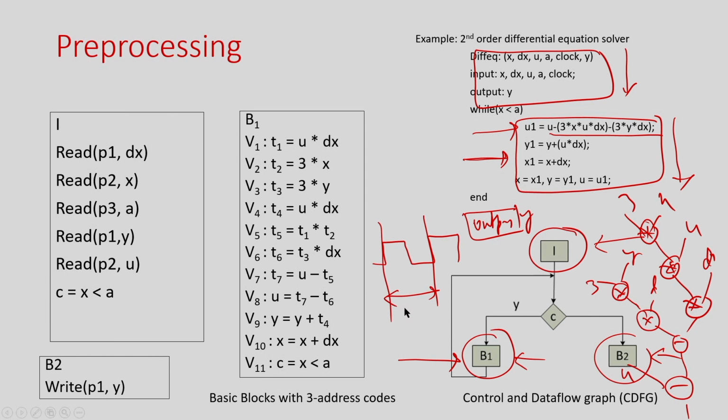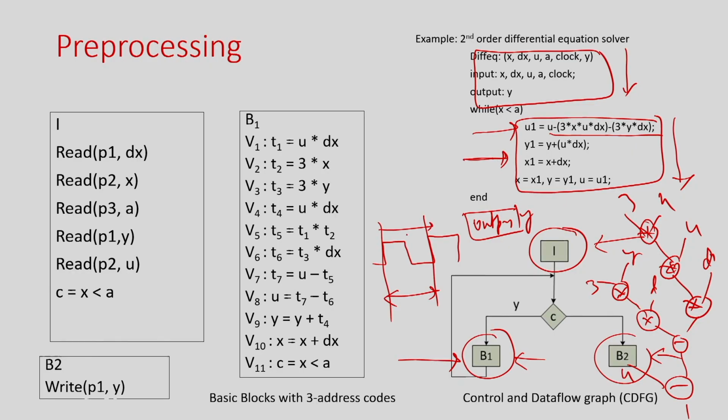And what is the impact of this? If you try to do this, obviously it is possible, but your clock period will be more, right, because you need a lot of time: 3 multipliers followed by 2 subtractions and so on. So the clock period will be more, and hence the clock speed will be less. The design you get will be very slow, because clock frequency is 1 by clock period.